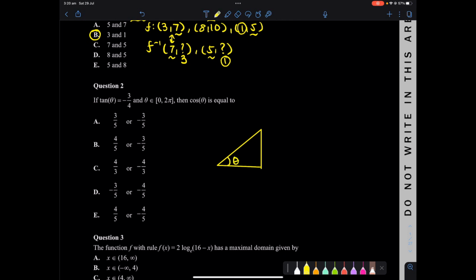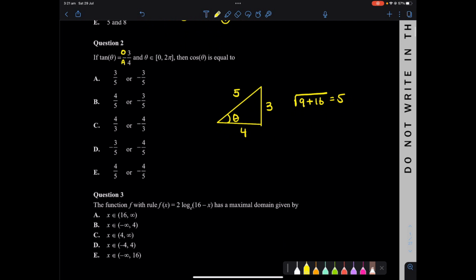Now, tan is SOHCAHTOA, which means this is the opposite and this is your adjacent. Let's find your hypotenuse using Pythagoras' theorem. So it'll be 3 squared, which is 9, plus 4 squared, 16, which gives 5. So this value over here is 5.